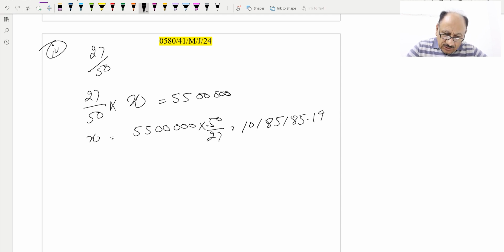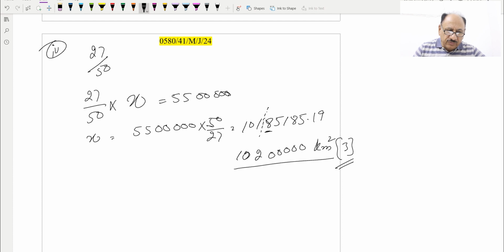So 100,000 is the place we are rounding from, and because of the 8 we are increasing the 1 to 2, so it is 102, and the rest will be all zeros, 5 zeros, in kilometers square. This is our answer, and this is for 3 marks which we have done.